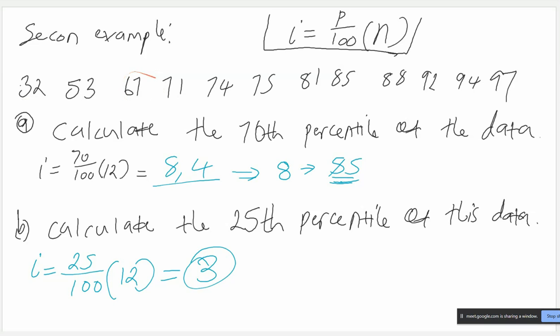What happens is that you found that your position i is 3, so you count up to 3. So this is the third number, and you must take this number as well as the next one.